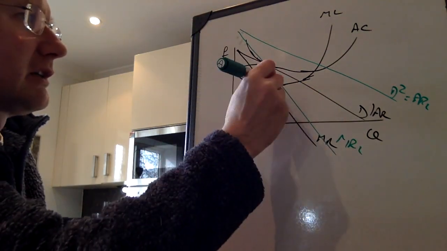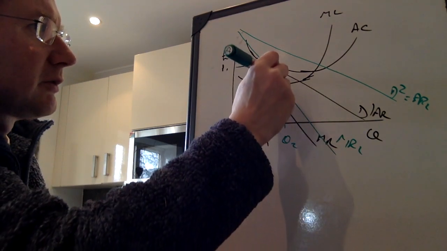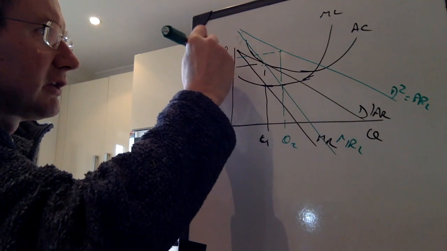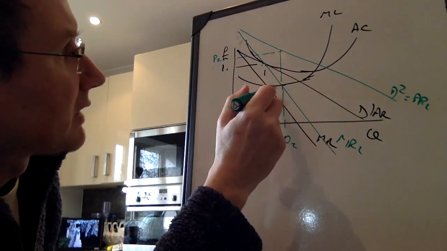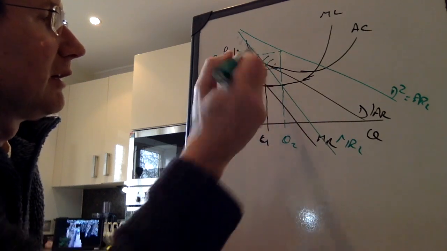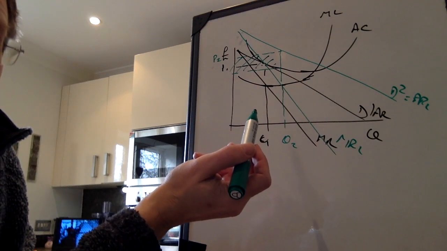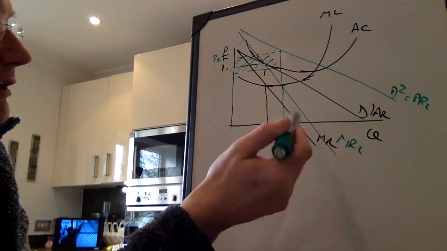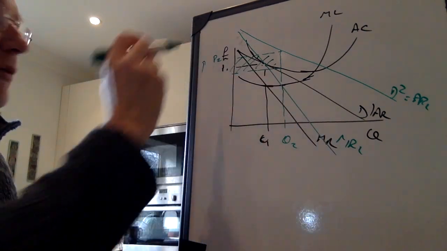What we can now see is that MC equals MR at Q2, and as a result, the profit maximising price rises to P2. So there's a new equilibrium where MC equals MR. There's going to be some sort of short-run equilibrium. The firm's now making abnormal profit, but that's not the important point. The point is that the increase in demand and the increase in MR has driven the price up from P1 to P2.